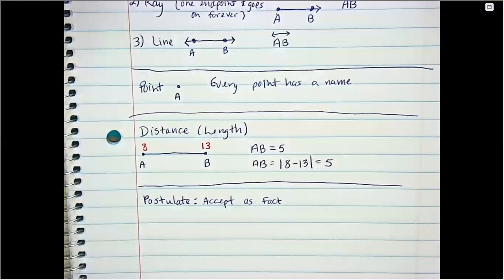Theorems are things that we have to prove because in geometry, we assume nothing. It has to be given to us as a fact, and then we have to be able to prove it. And we use postulates, theorems, properties, corollaries in order to prove things mathematically.